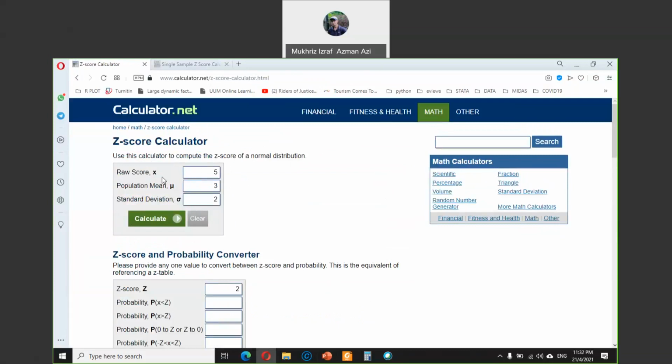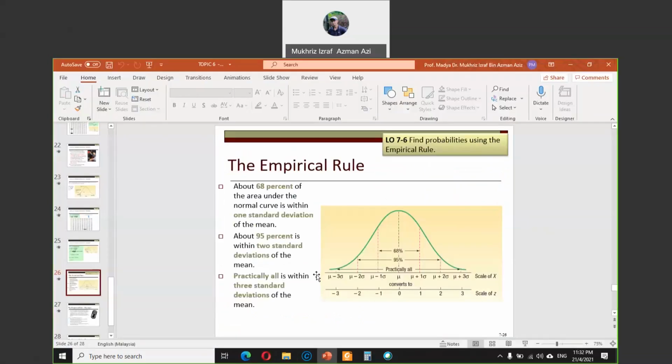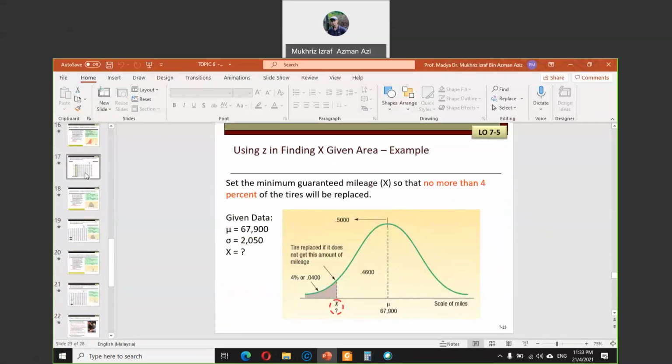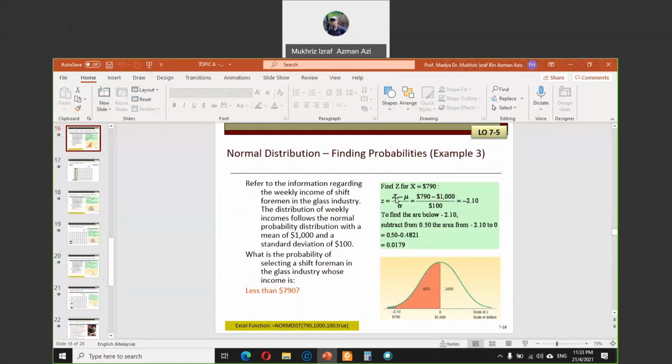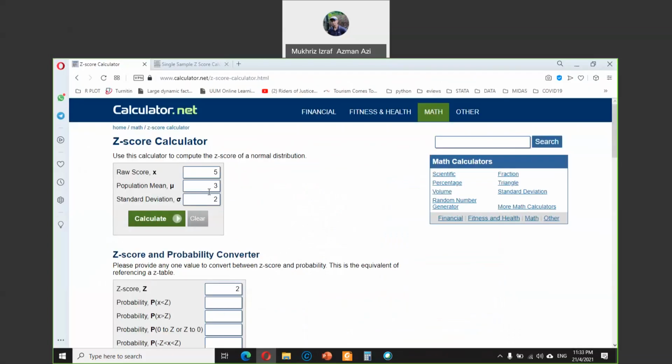It asks for the X value, the mean value, and sigma. If you recall the formula, converting from X into Z is X minus mu divided by sigma. So you need X, mu, and sigma, and once you key in, you will get the Z value.